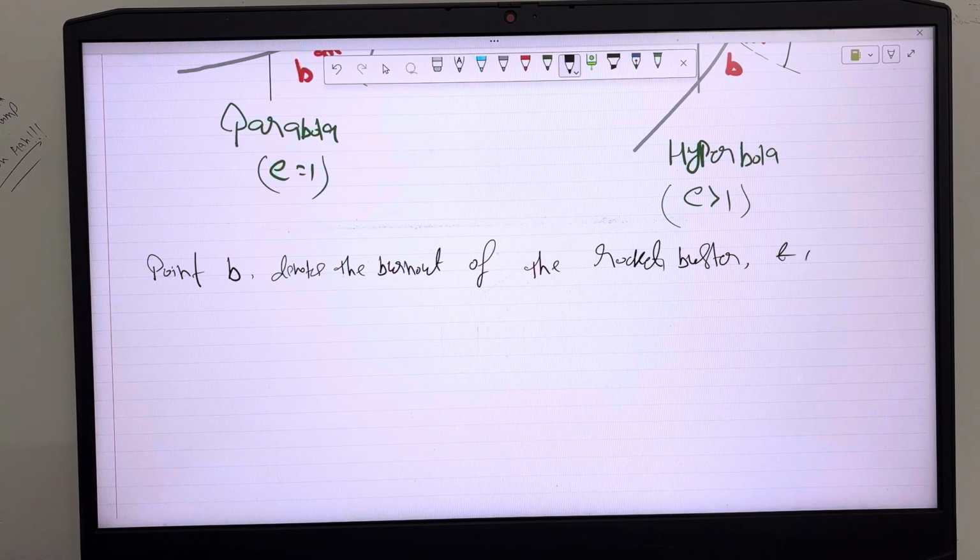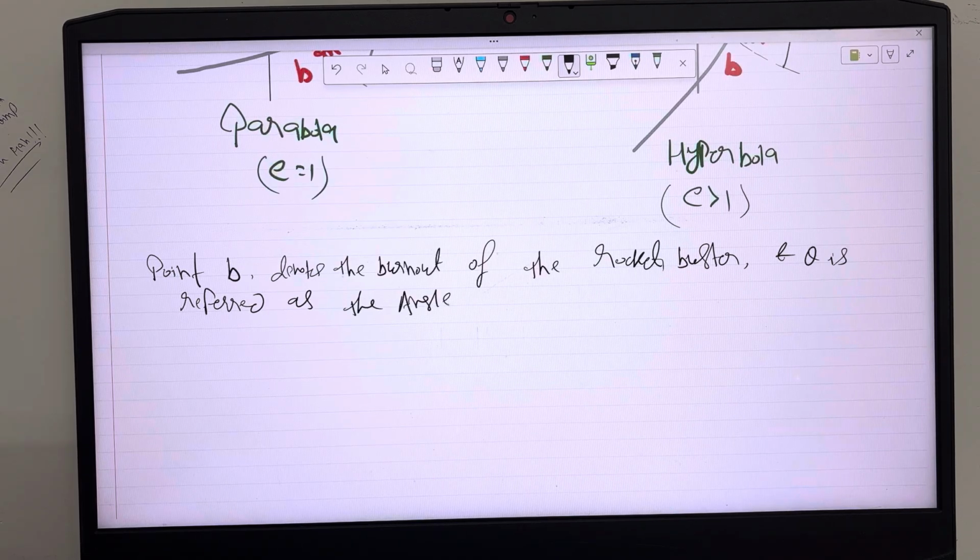And theta is referred to as the angle measured from B point, that is the burnout point.